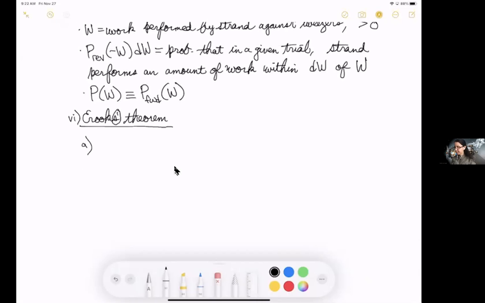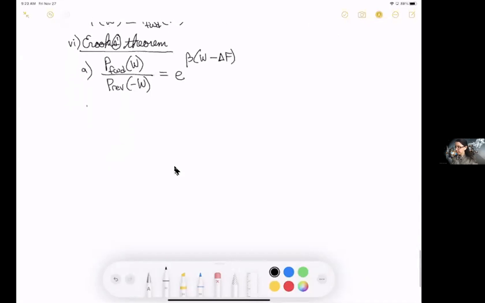The left-hand side contains a ratio of the work probability densities. The right-hand side contains yet another exponential. This was discovered after Jarzynski's equality, but it implied Jarzynski's equality.